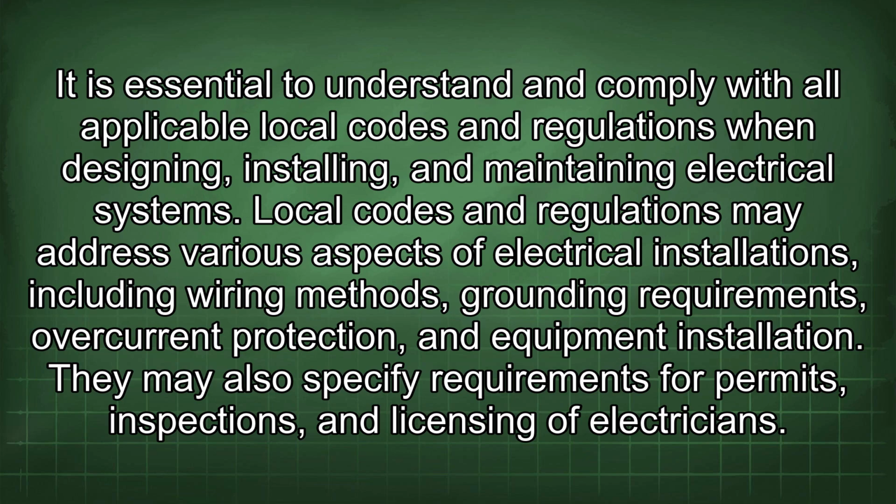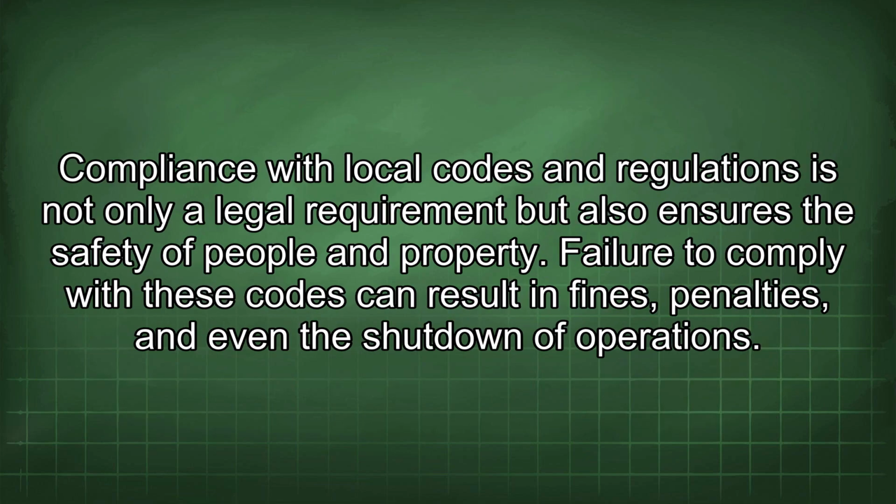Local codes and regulations may address various aspects of electrical installations, including wiring methods, grounding requirements, overcurrent protection, and equipment installation. They may also specify requirements for permits, inspections, and licensing of electricians. Compliance with local codes and regulations is not only a legal requirement but also ensures the safety of people and property. Failure to comply with these codes can result in fines, penalties, and even the shutdown of operations.